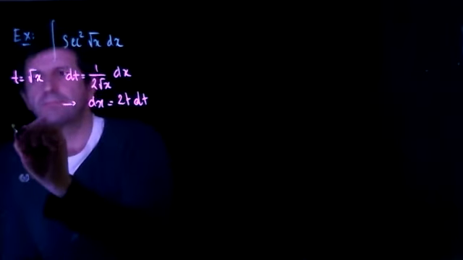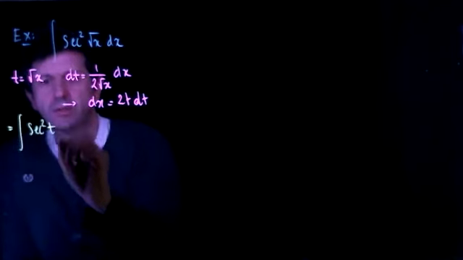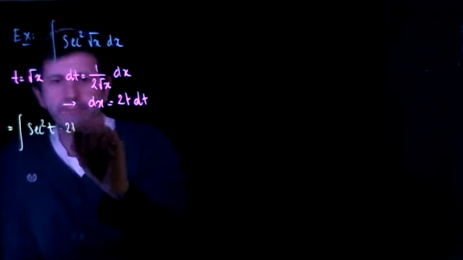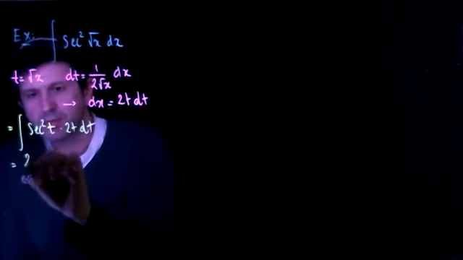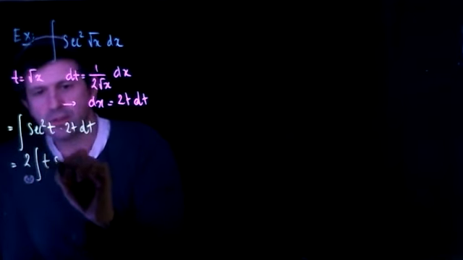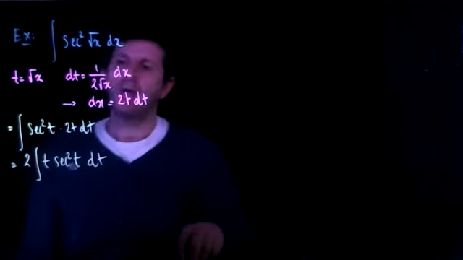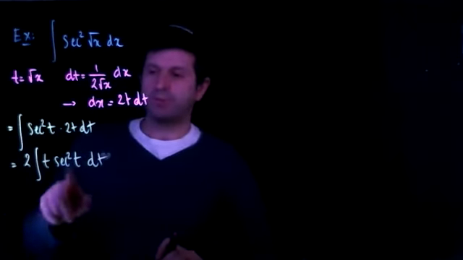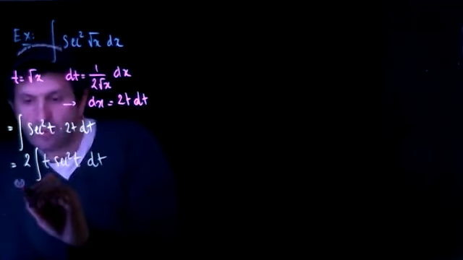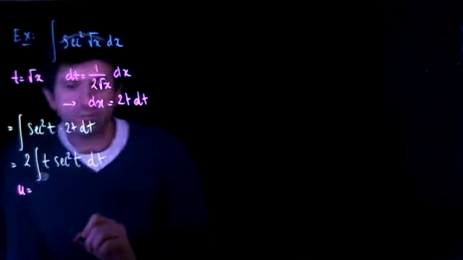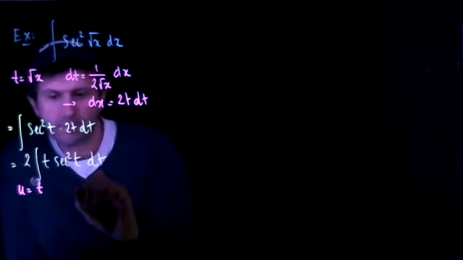Let's rewrite. Integral of secant squared t times dx, which is 2t dt. And that is 2 integral of t secant squared t dt. And now we're ready to do it by parts. Okay, so u, what do I take as u? Take t, very nice.